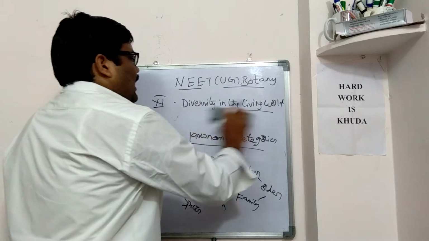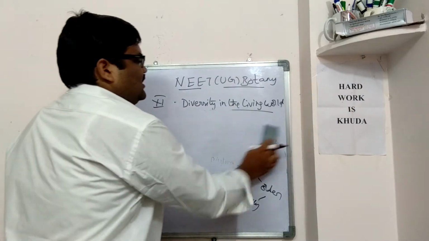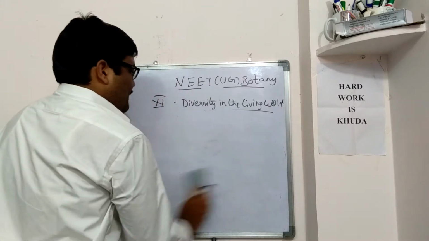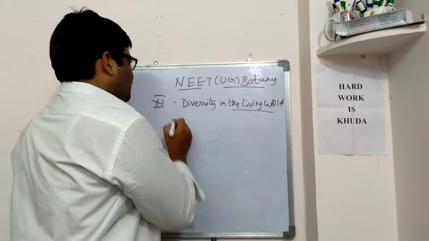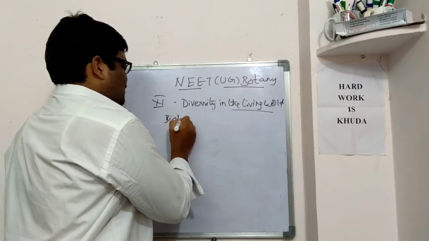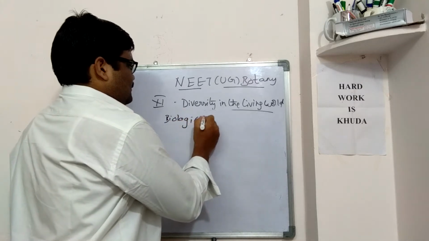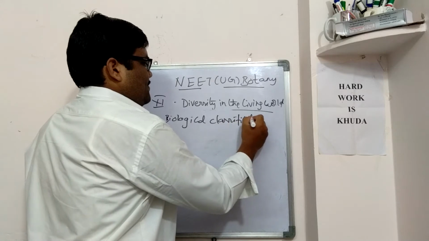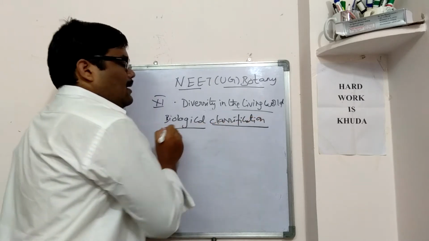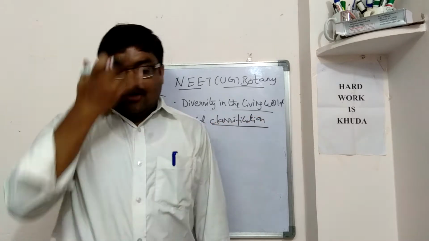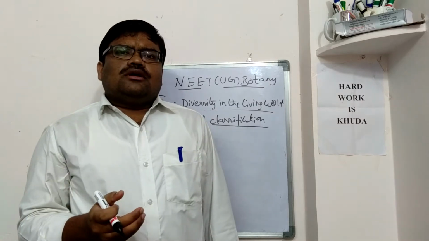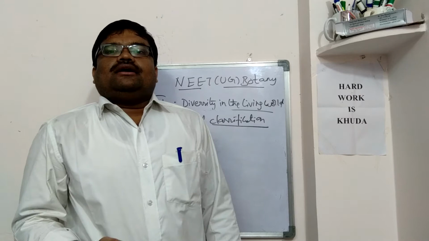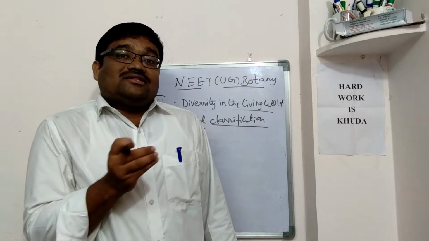Then other content in diversity in the living world deals with biological classification. Aristotle is considered the first person to classify organisms on a scientific basis.